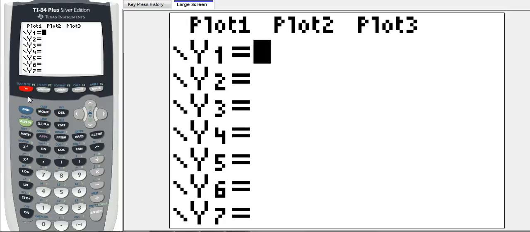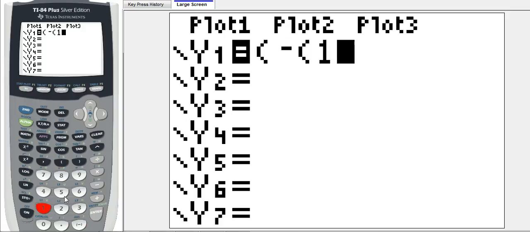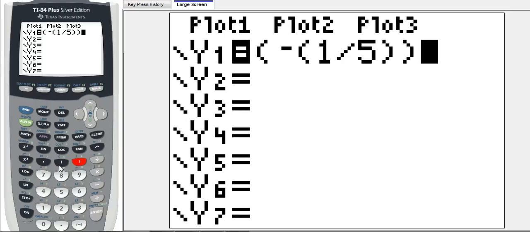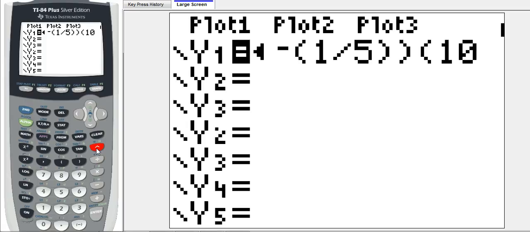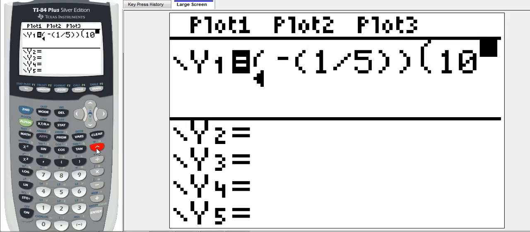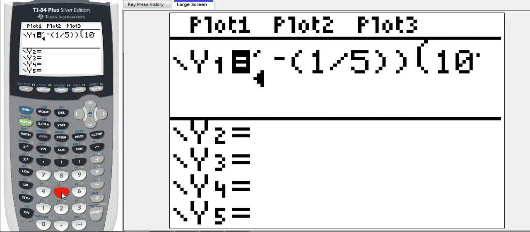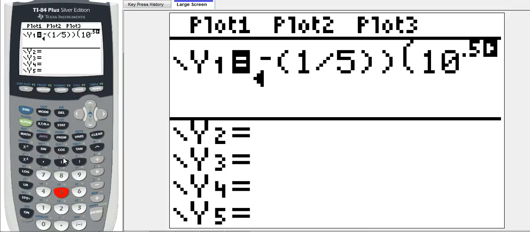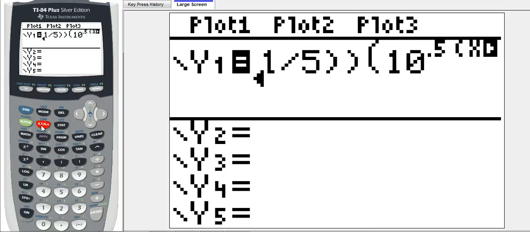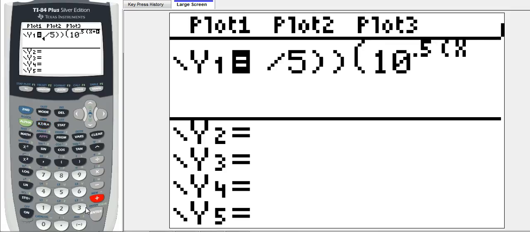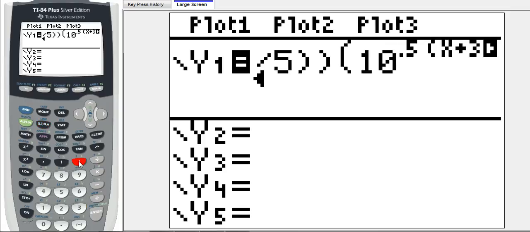So y equals negative 1/5 times the quantity of 10 raised to the 1/2 times the quantity of x plus 3. X plus 3, and close parenthesis.